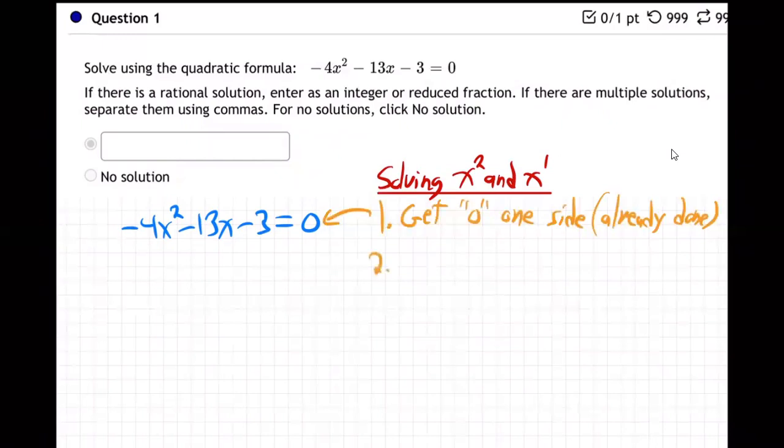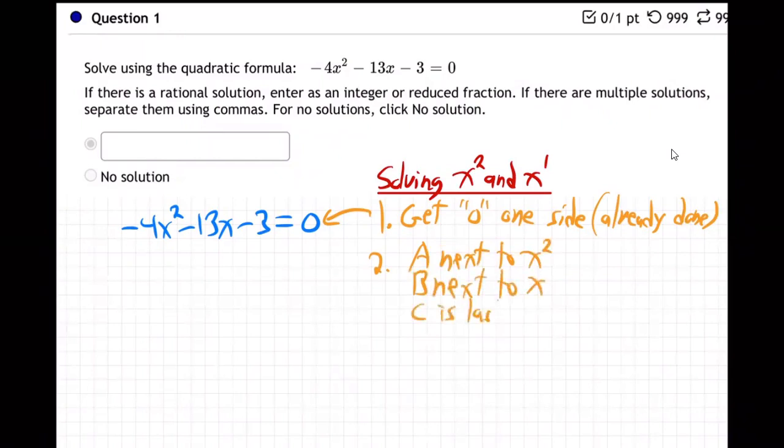Step 2, use the quadratic formula. All right, A, B, and C are the numbers. A is next to x squared. B is next to regular x.